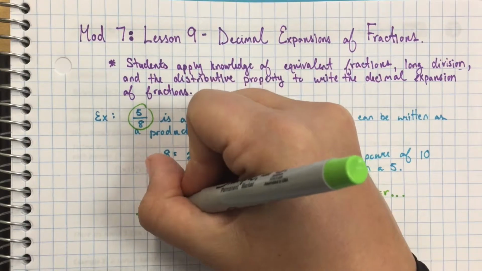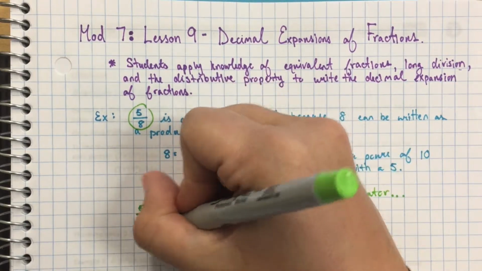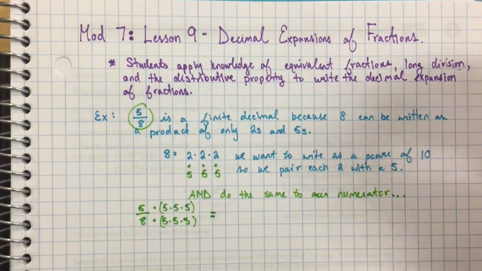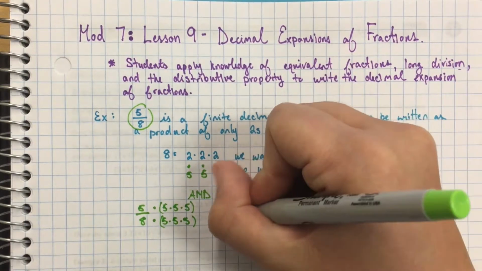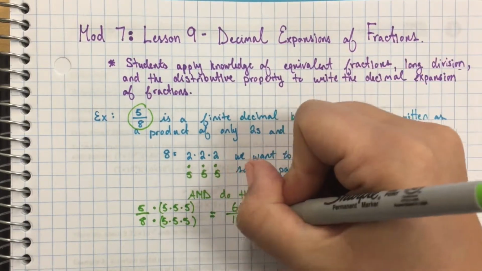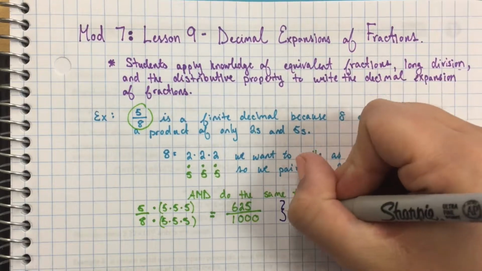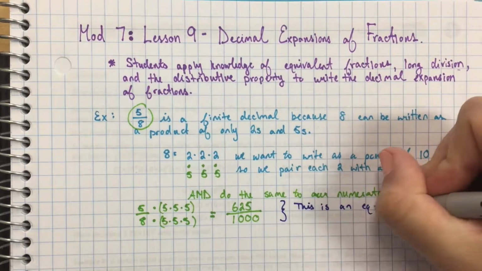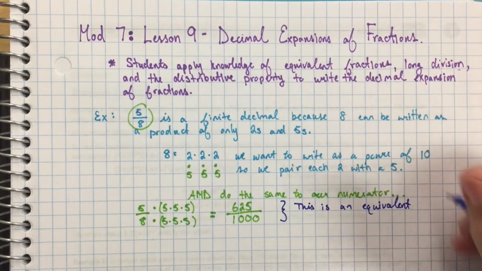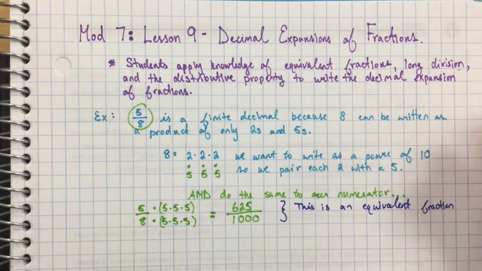And I'm going to do that with my numerator and my denominator to get an equivalent fraction that has a denominator using a power of 10. So my numerator turns into 625, my denominator turns into 1,000, and now I have a fraction written as a power of 10. This is going to be helpful when I try to convert into a decimal, right?